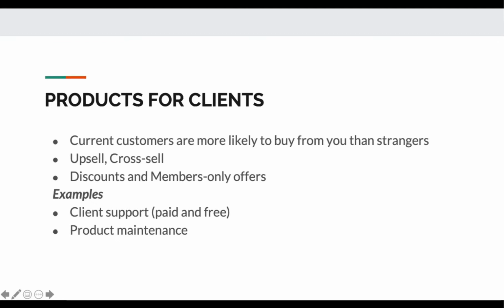Maybe the rim, all those things. You can be selling that. That is also part of client support. You could also be offering fueling service, different things. As long as it serves people that buy your core products, it is a product for clients. It's a product for your existing buyers. So you see how it all comes together.